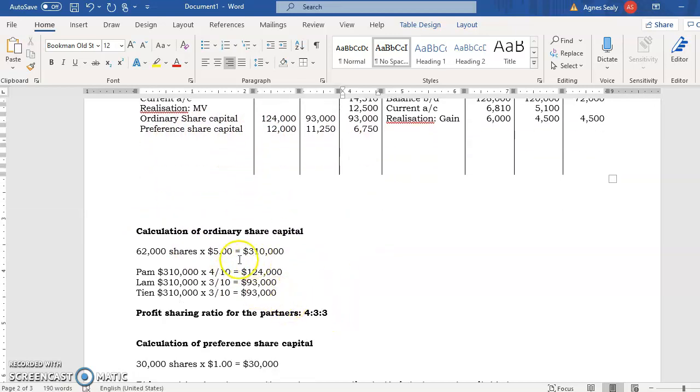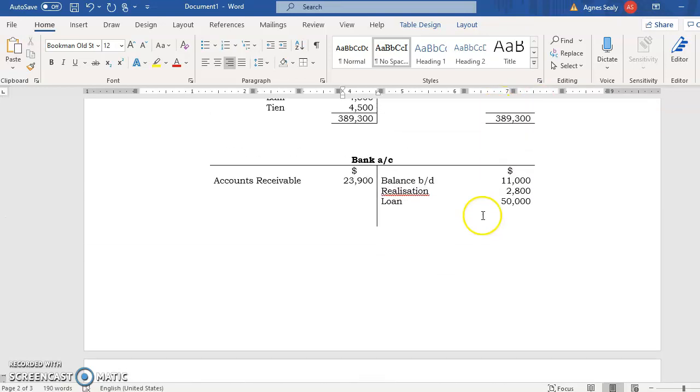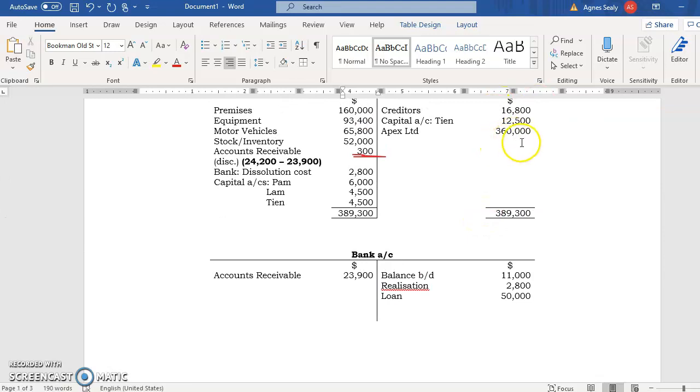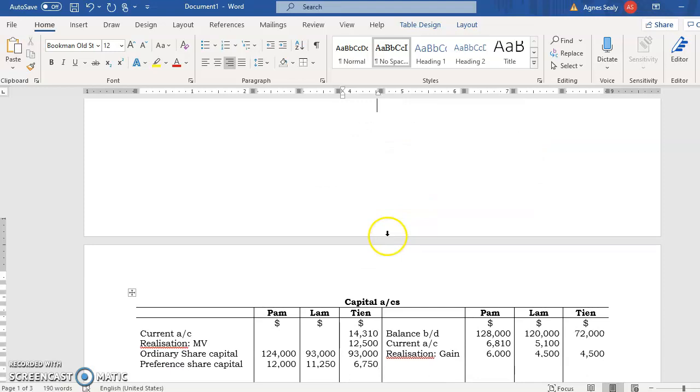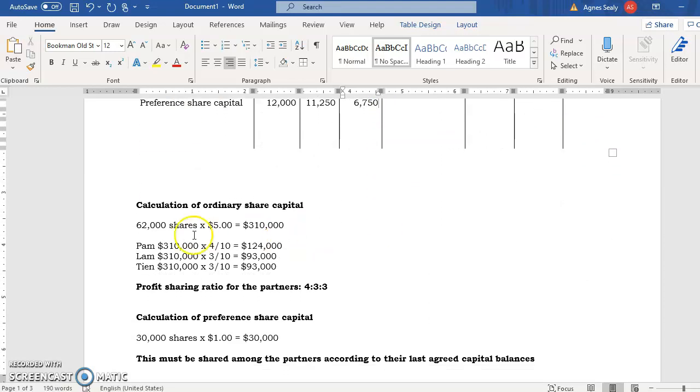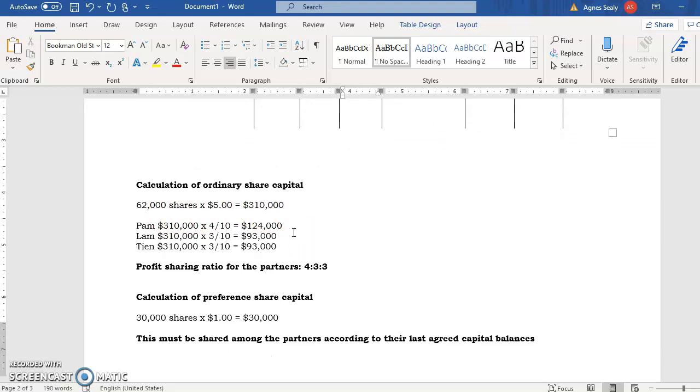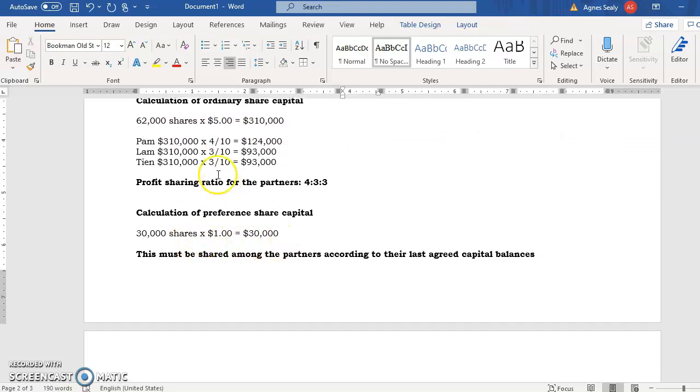However, the purchase consideration was $360,000. This was the purchase price, and they issued $310,000 of ordinary shares, and the preference shares are only $30,000.